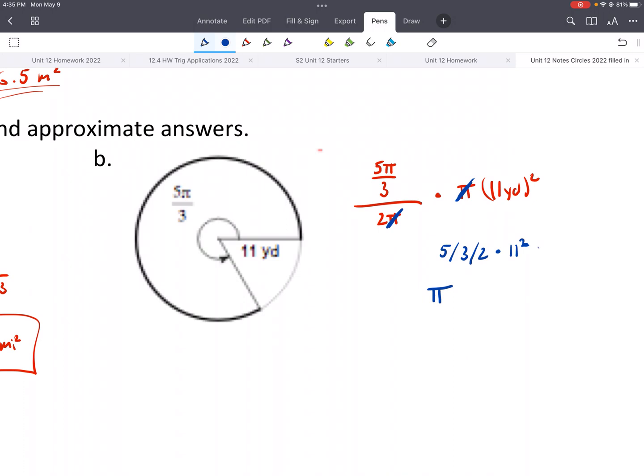Okay, so it ends up giving me 100.83 repeated. Again, we want a fraction, so we'd do math frac if you're using the TI, and I would get 605 over 6. And then don't forget that we still have this pi. Okay? And that would be our answer.